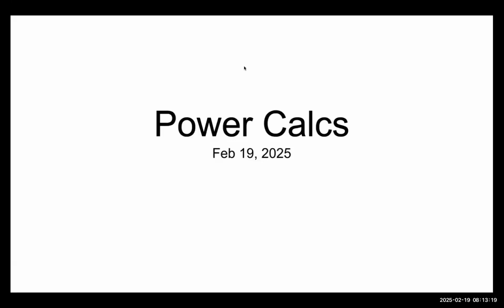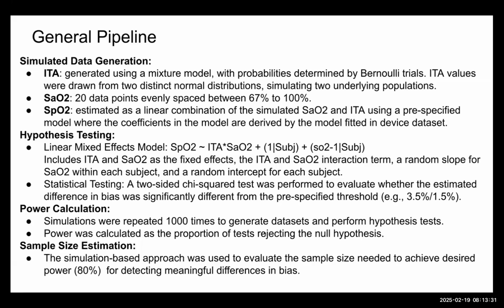Okay, so I'm going to present some of our work on sample size calculations using simulated data based on some of our tested devices. The general pipeline of our work is divided into four main components, which are data simulation, hypothesis testing, power calculation, and sample size estimation. Our calculation was based on the linear mixed effect model, which takes in the SpO2, SaO2, and ITA values as parameters.